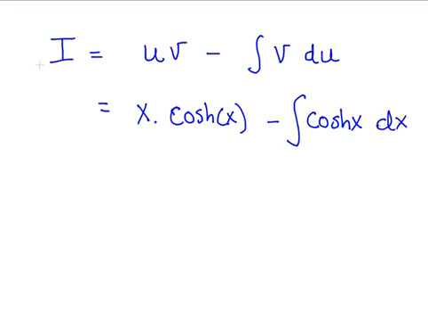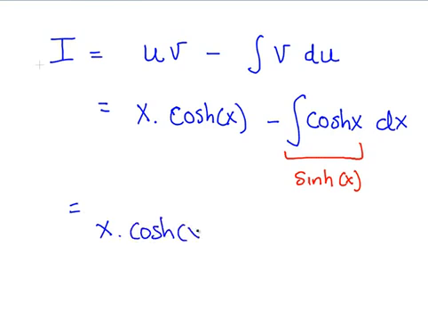That's a simple enough one. The integral of that is sine of x. So the answer is x times cos of x minus sine of x, and then we put in our coefficient, plus c. So that's the answer to the second one.